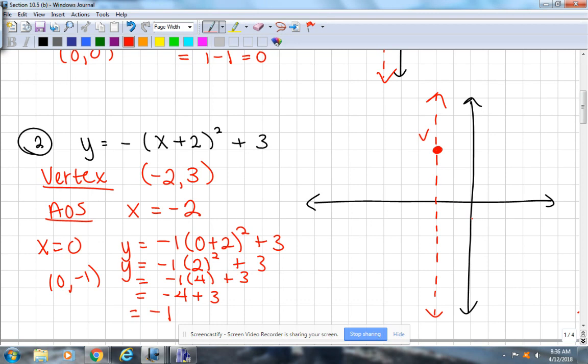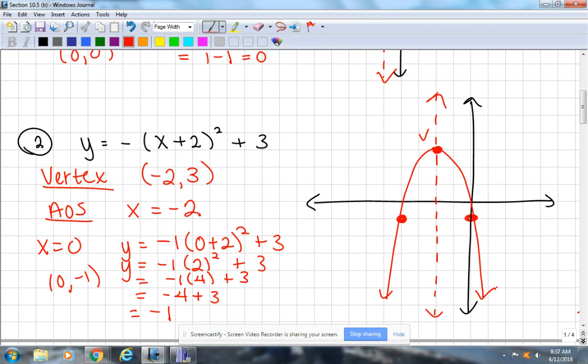It's right down here. How many spaces is that point away from my axis of symmetry? 2. So I go 2 spaces in the other direction and put another point for my parabola, because they have to be symmetric on both sides. Draw an upside down parabola. And there it is.